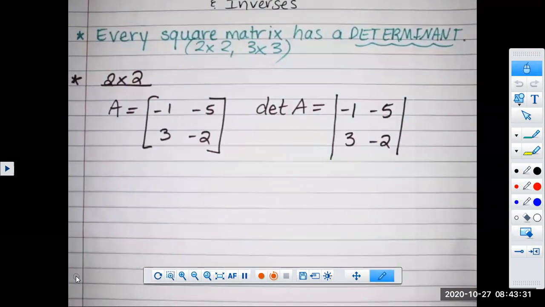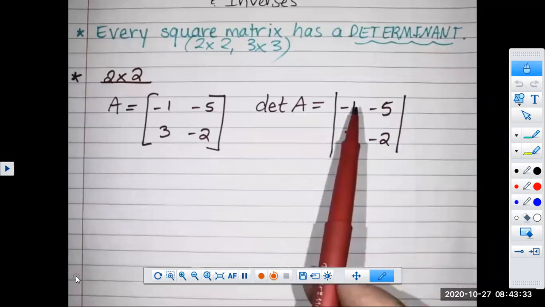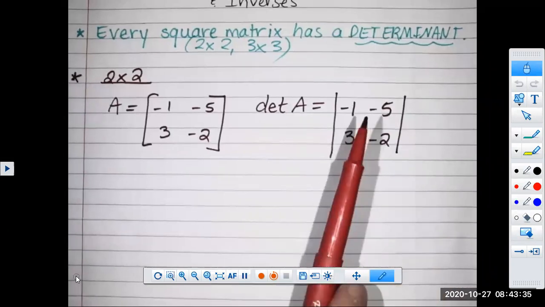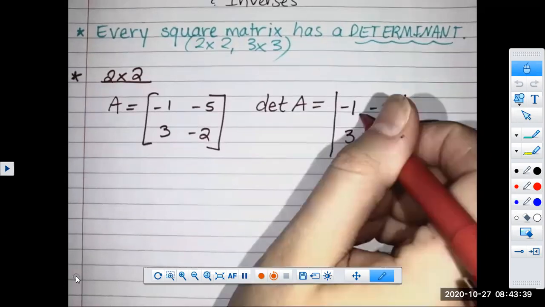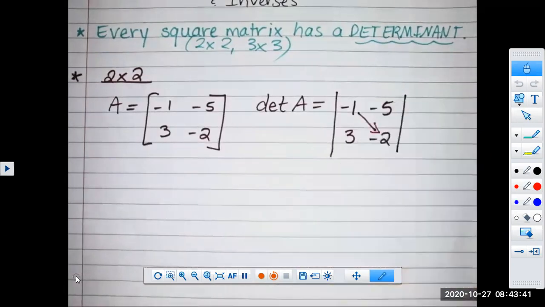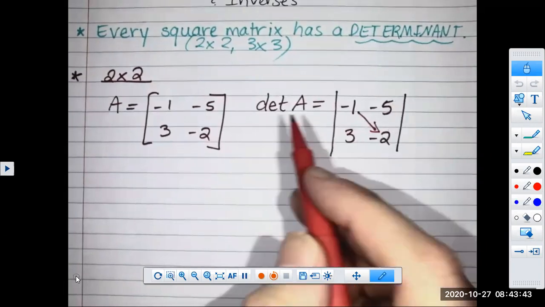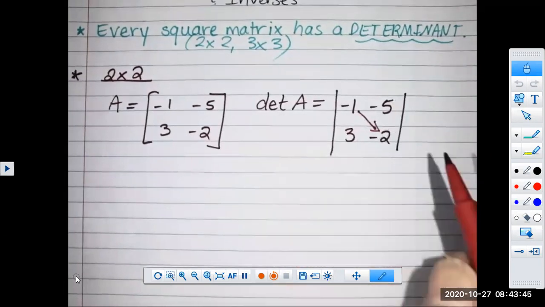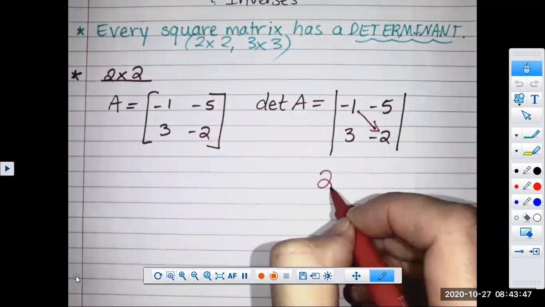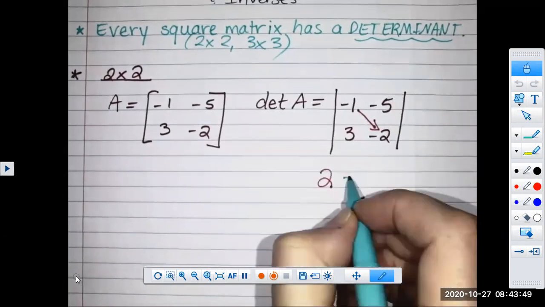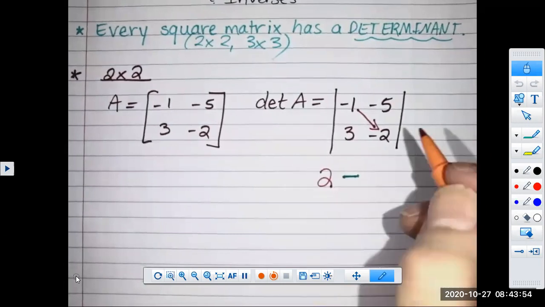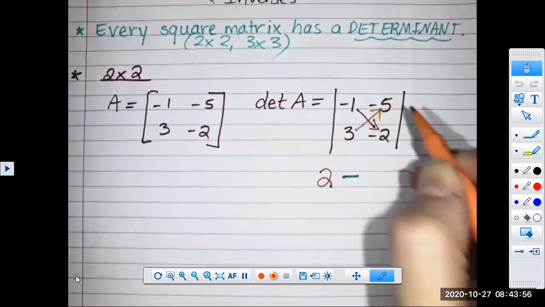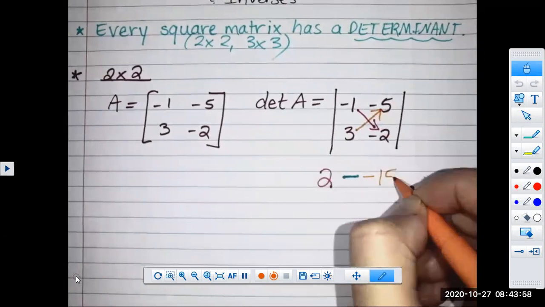Okay, how you find the determinant of a 2x2, and for a 3x3 as well, you start at the top left and you are going to multiply to the bottom right. So pretty much you're just cross multiplying for a 2x2. This product right here, you subtract the product you get when you multiply in the other direction. So what's the determinant of A?